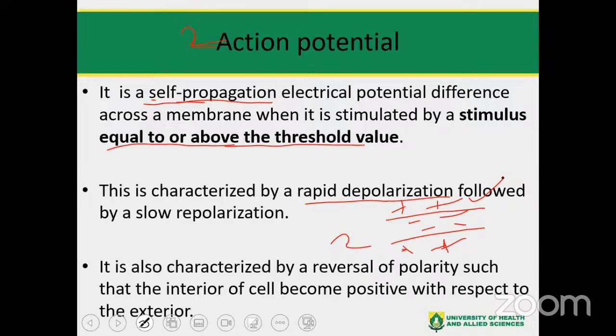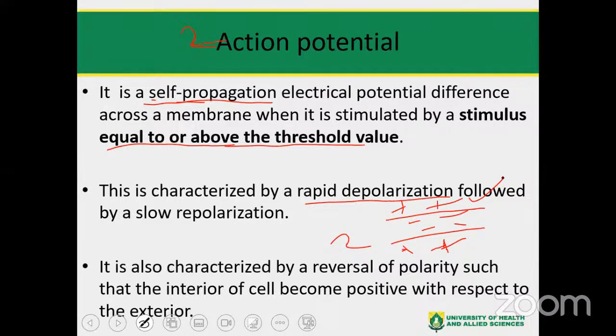Then it is followed by a slow repolarization, and it becomes polar again. When there is stimulation, the rapid depolarization means the polar nature of it has been destroyed.